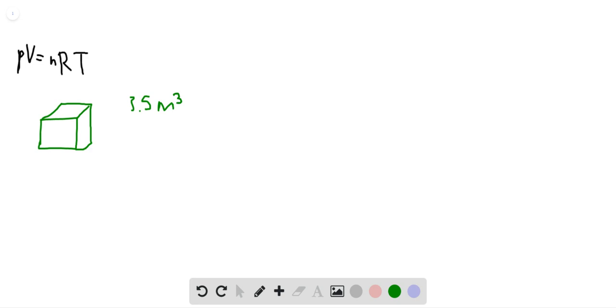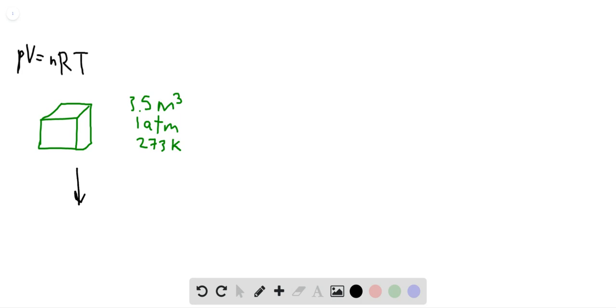And it is placed at standard temperature and pressure, STP. This means the pressure is 1 atm and the temperature is 273 Kelvin. Now, we place this volume of gas under a pressure of 3.2 atm.